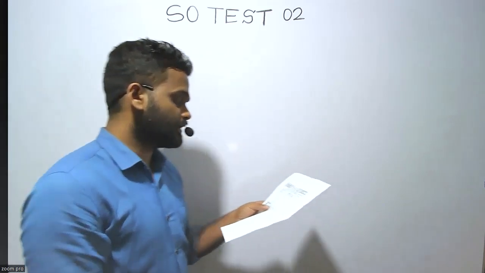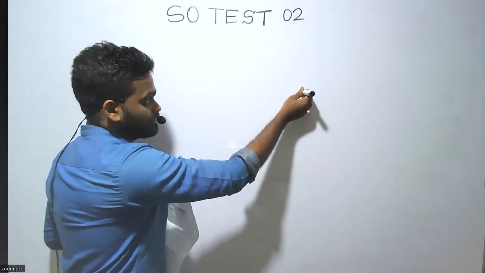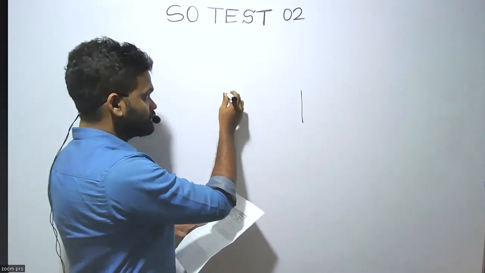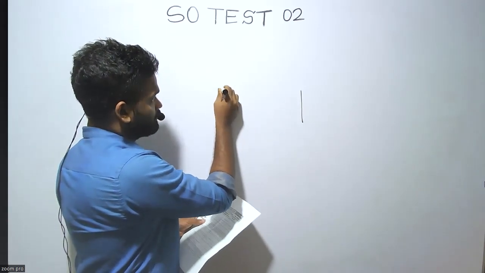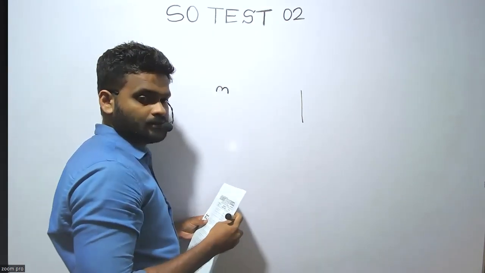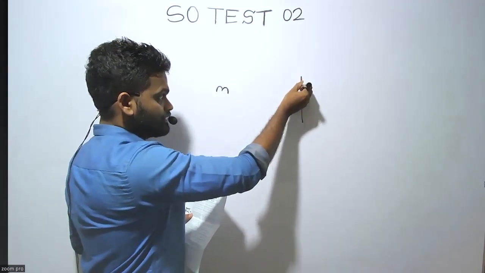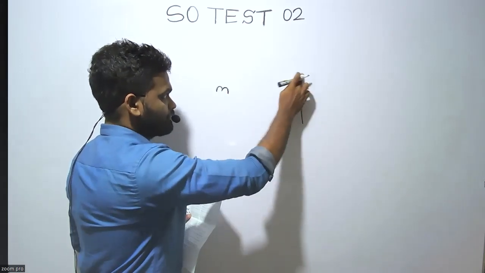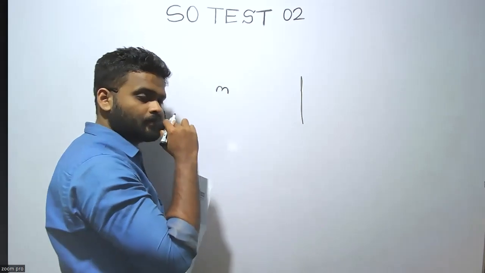Third question, a bat flies towards a vertical wall. So let's say this is the vertical wall. There's this bat. So bat is a bird. This is how the bat, his vision is very poor, right?